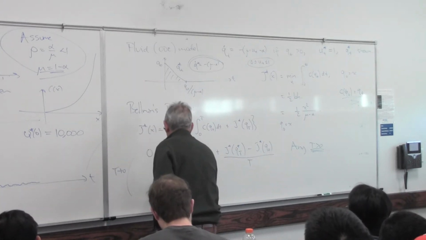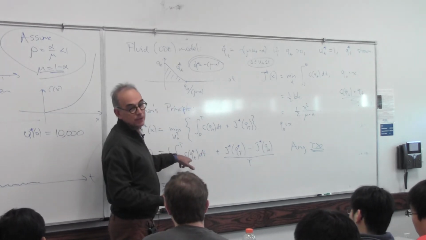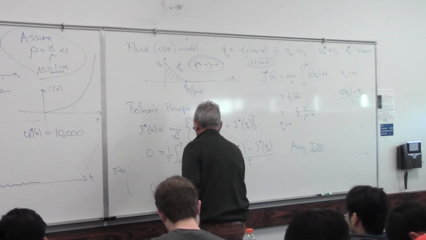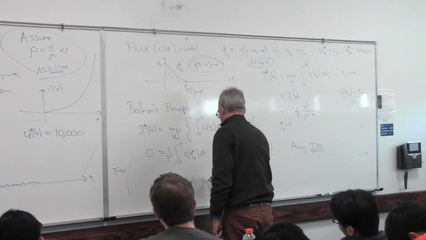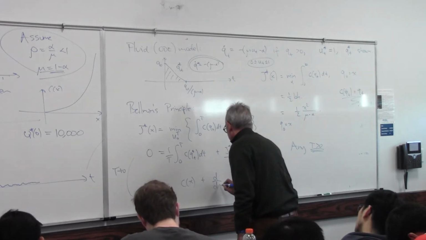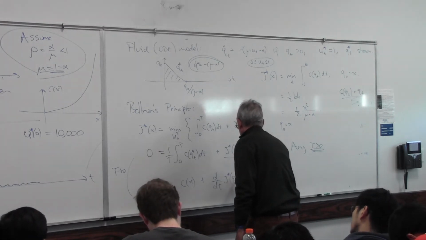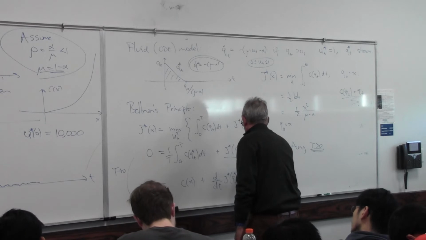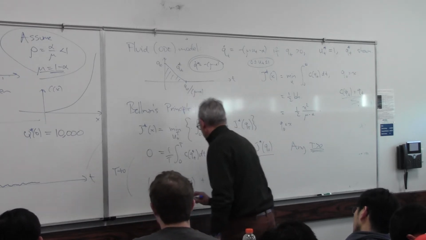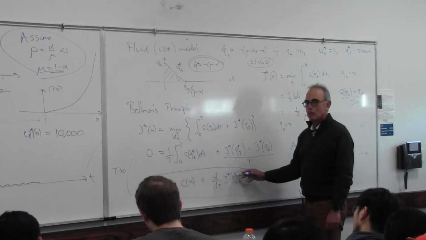and you get 0 is equal to, well, as capital T goes to 0, that's just c at the initial point. And then here, that's the derivative. And actually, you all remember the chain rule, right?